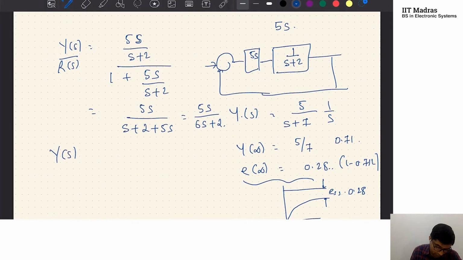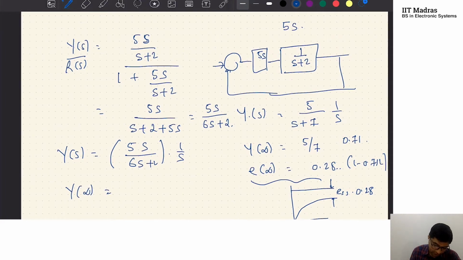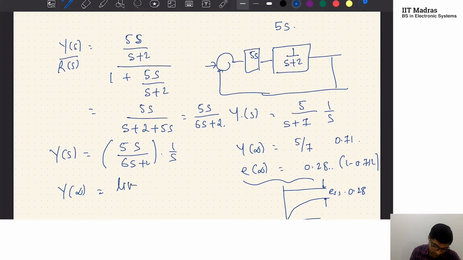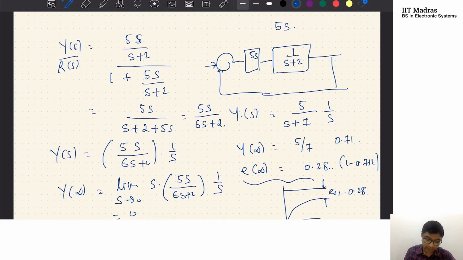Now the output, because of a unit step in the steady state, becomes, okay, so there is a limit s going to 0, s times all of this with 1 over s, becomes 0. Okay, something strange is happening. It starts with some arbitrary initial condition, and the output actually goes to 0, right?